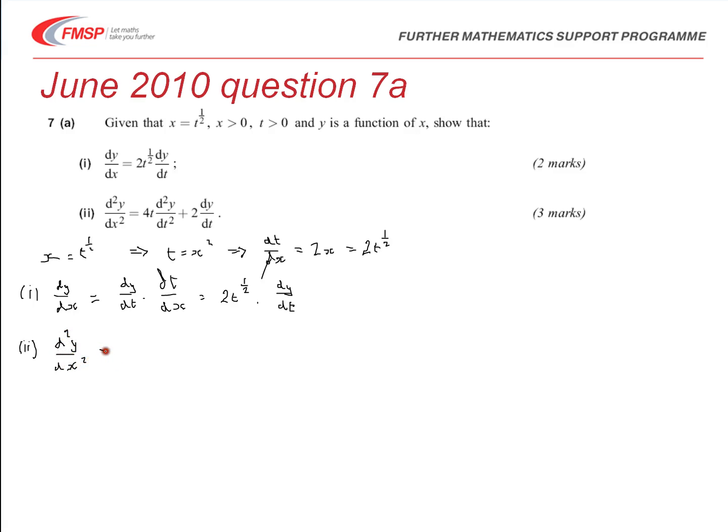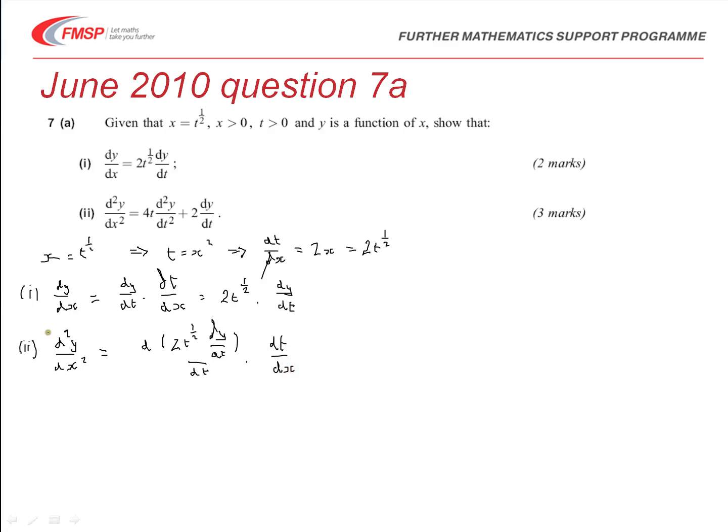So again we can use the first differential above and the chain rule and say that this is going to be the same as the differential of dy by dx with respect to t, so we can differentiate the 2t to the half dy by dt with respect to t, and then multiply again by dt by dx.